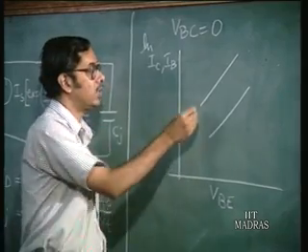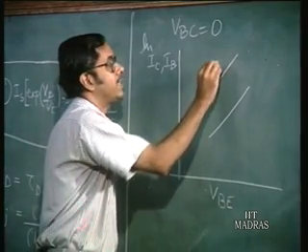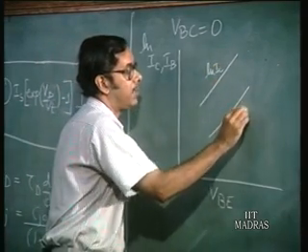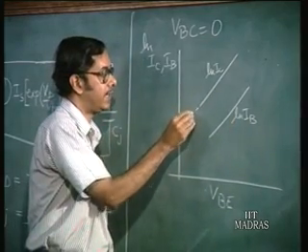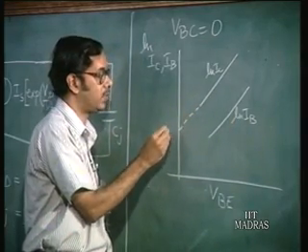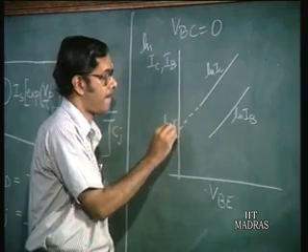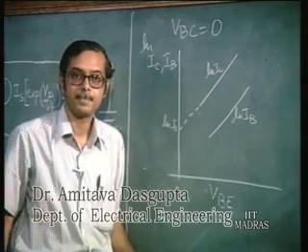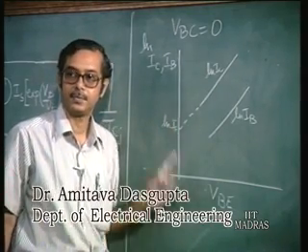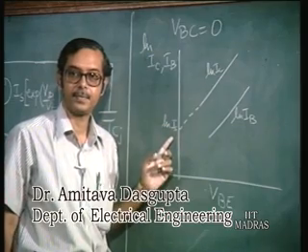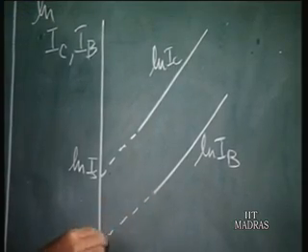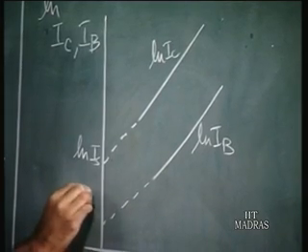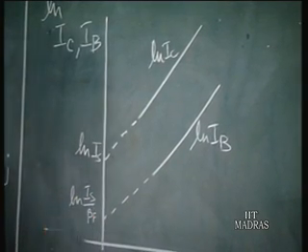So, if this is ln IC, and this is say ln IB, when you extend this, this is going to be ln of IS, and this one is going to be ln of IS by beta f.